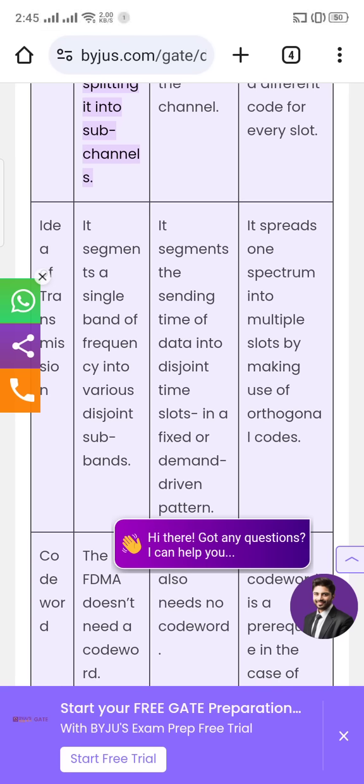CDMA spreads one spectrum into multiple slots by making use of orthogonal codes.